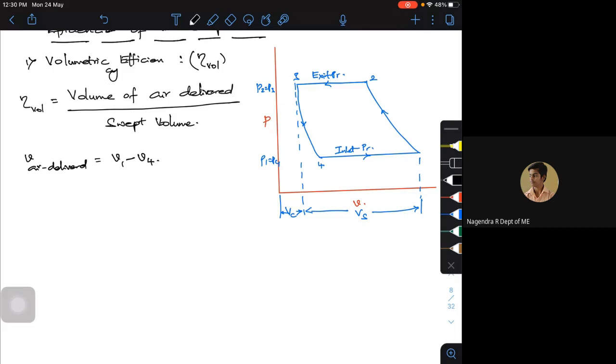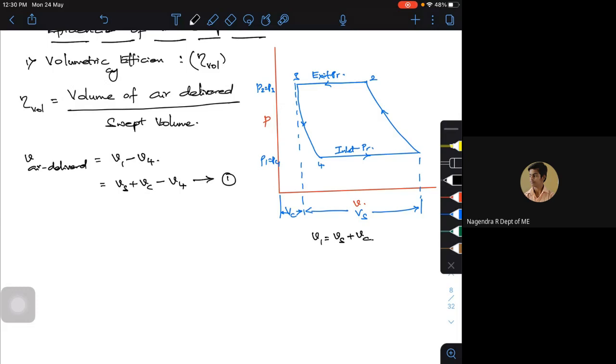What is V1? V1 I can write as stroke volume plus clearance volume. V1 is equal to Vs plus Vc, where Vs is the stroke volume and Vc is the clearance volume. So I can write this expression as Vs plus Vc minus V4. Let me call this equation number 1. So this is the volume of air delivered.